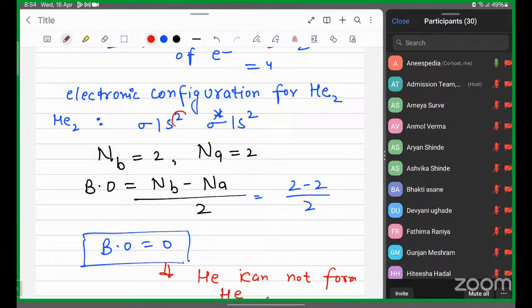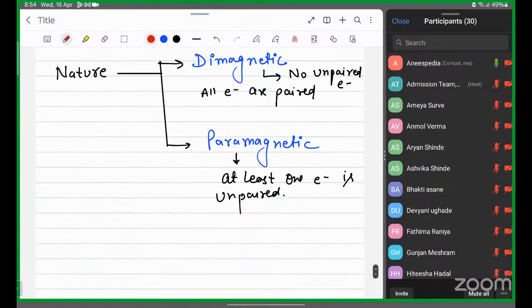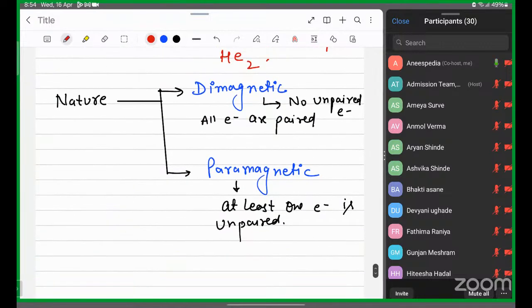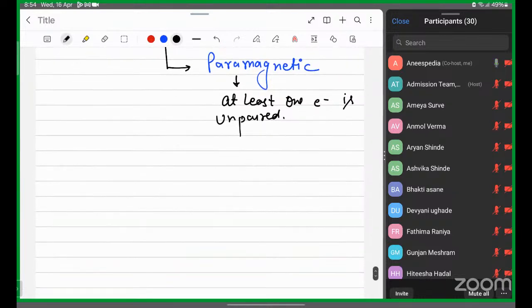So these 2 electrons are paired up and these 2 electrons are paired up. No electrons are unpaired, which means helium He2, if it exists, will be diamagnetic in nature. Understood or any doubt?